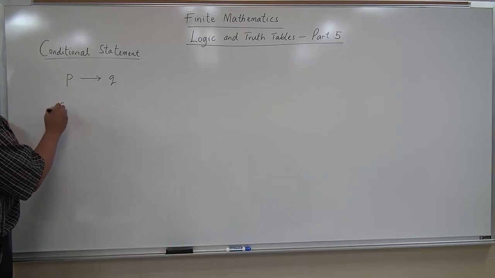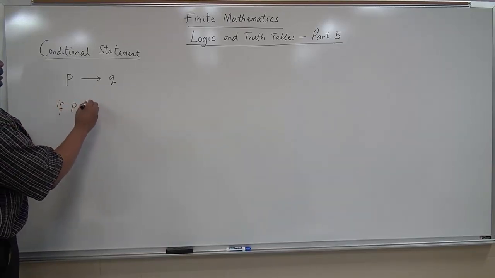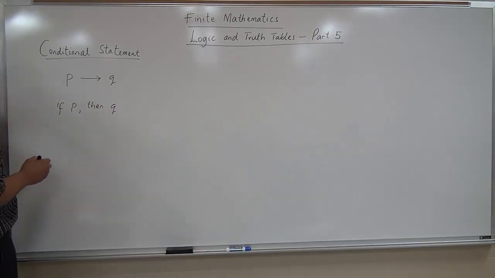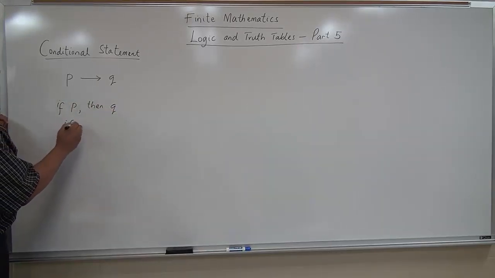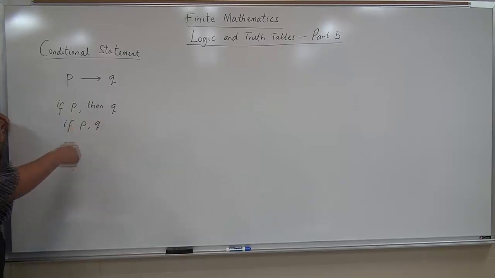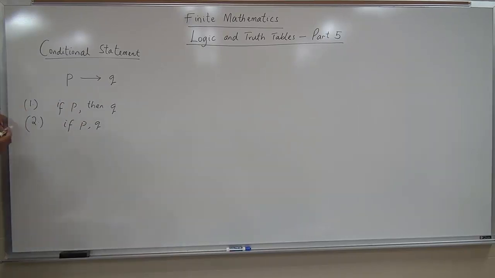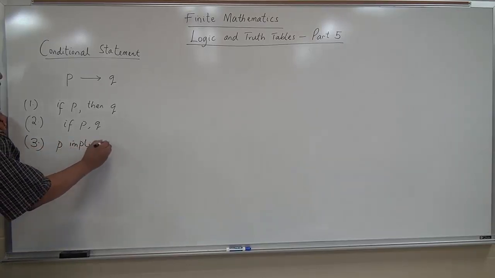You can write if P, then Q. You can also write if P, Q, even if you don't put then. Another way you can write this statement is number 3, P implies Q.